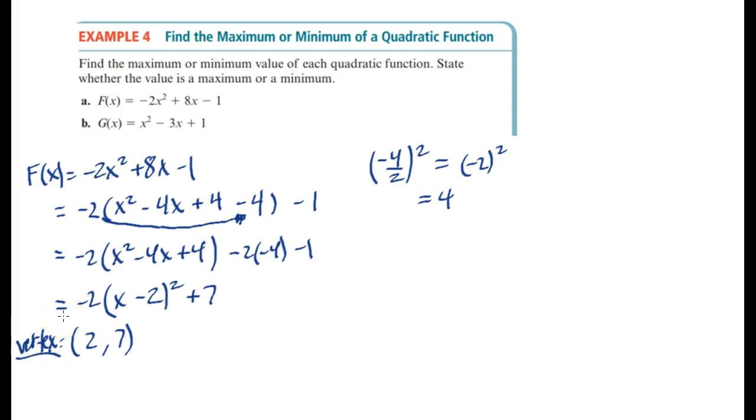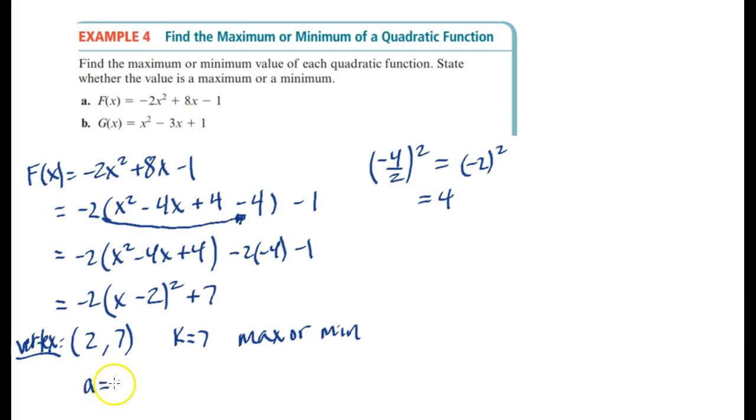That tells us that our max or min is located at our k value, our 7. So k equals 7. That is our max or min. But we want to determine, is it a max or min? This is the easy part. We're just going to look at the leading coefficient.